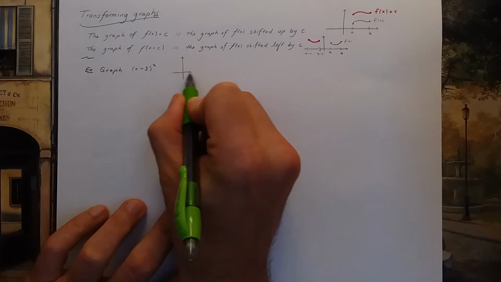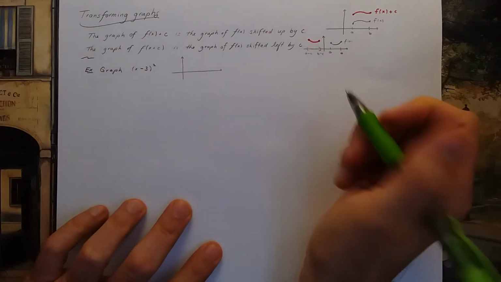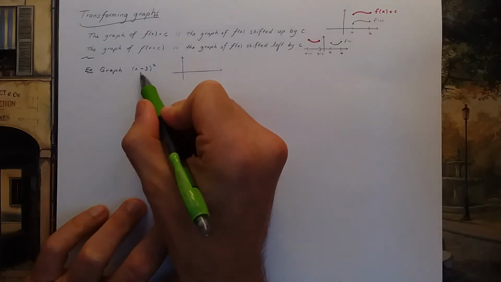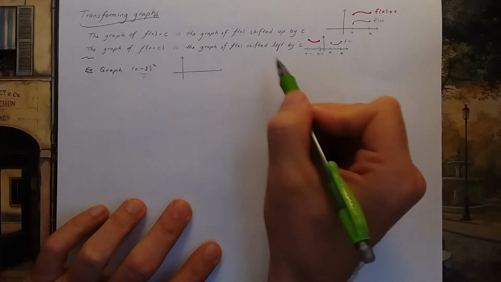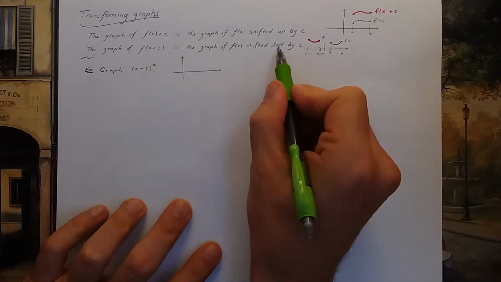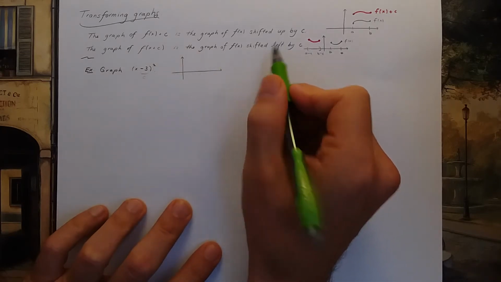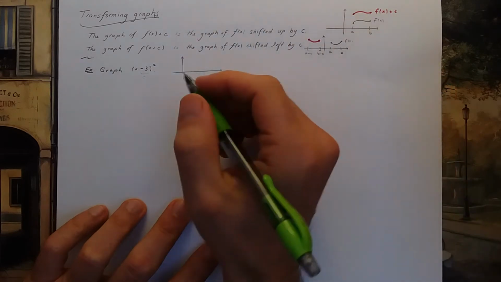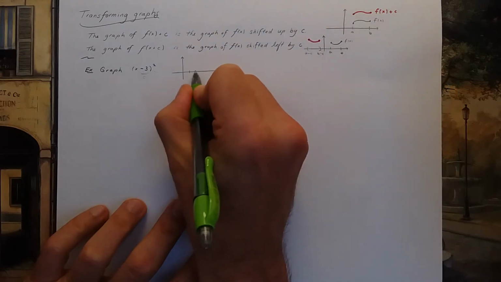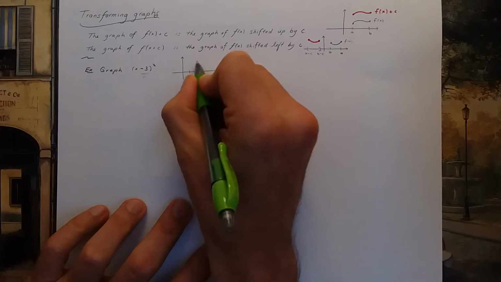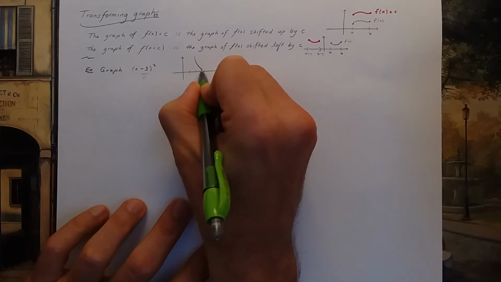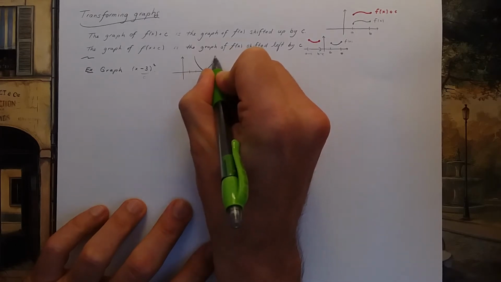That's a basic parabola. And I'm going to move that over. Since here my c value is -3, I'm going to shift it to the left by -3 units. In other words, I'm shifting it to the right in this case. So here's 3, and I have the graph of my parabola.